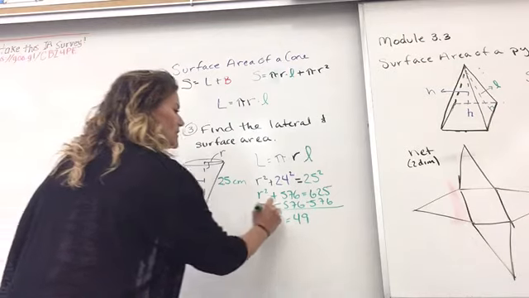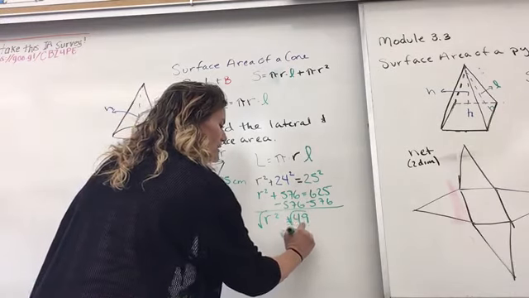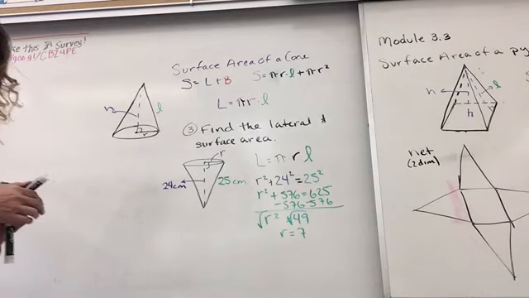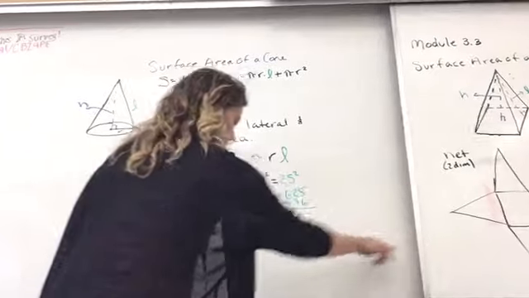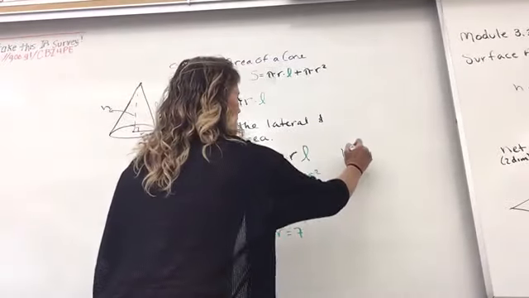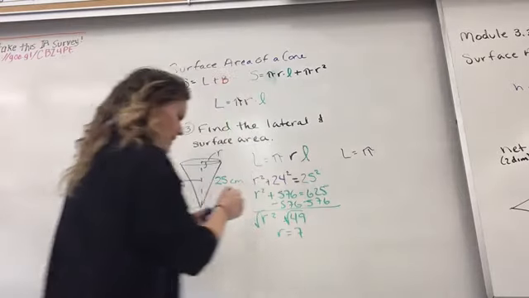Square root both sides, and my radius is 7. And that's going to help me because now I can go back and find my lateral area. So my lateral area is pi times that r value.